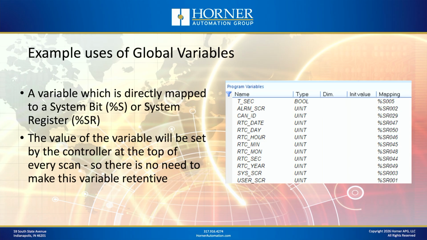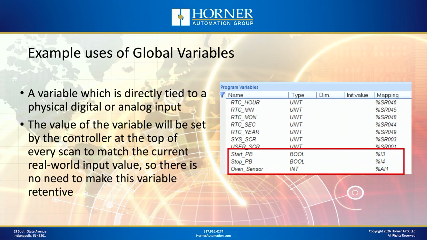Those are all scenarios where you're going to be mapping a variable to a system bit or a system register. So these can be global. They actually need to be global, and they're always going to be set to the value that they're mapped to. So on that mapping column on the graphic on the screen, you can see the specific system bit or system register that each of these variables are tied to. So again, any kind of system bit or system register will be configured as global.